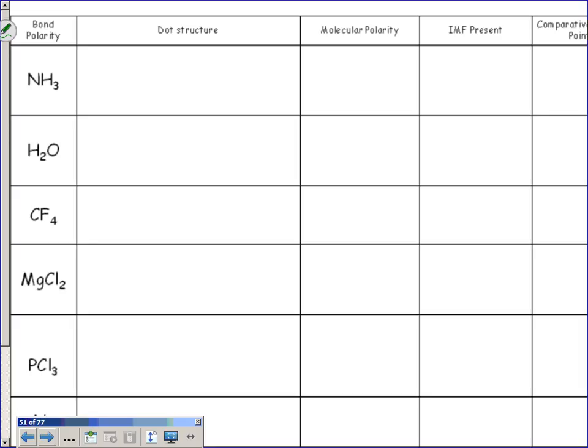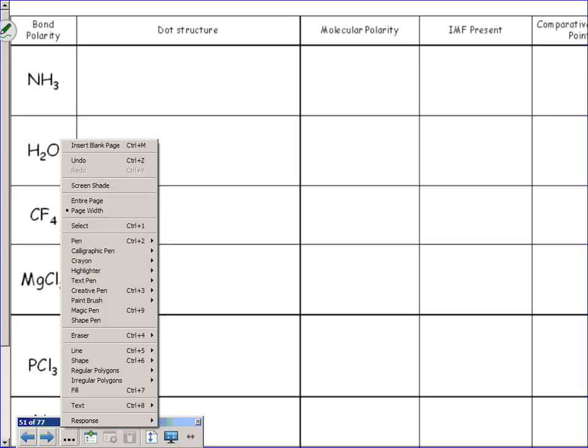3.0, 2.1. Oh, the bracket? Yeah, and then the ionic. Let's say you have sodium and chlorine. You know how sodium has to give chlorine one to become an octet?